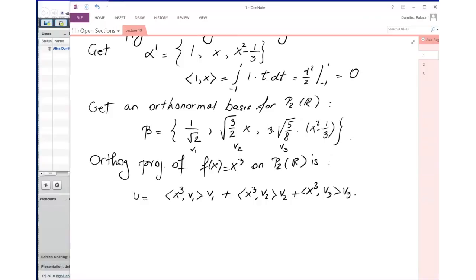I kind of got away without computing anything, so let's at least compute this final step here. So what is the inner product between x cubed and v1?